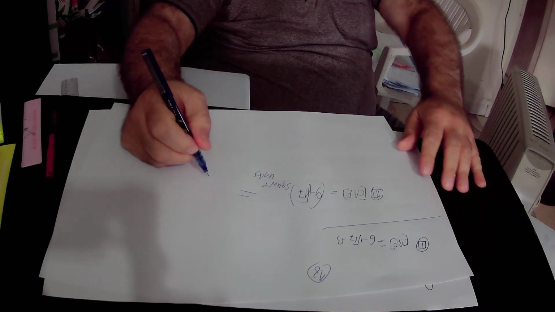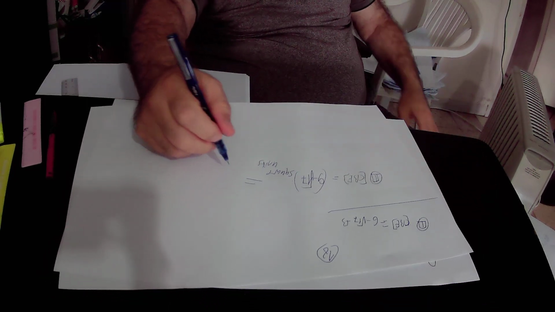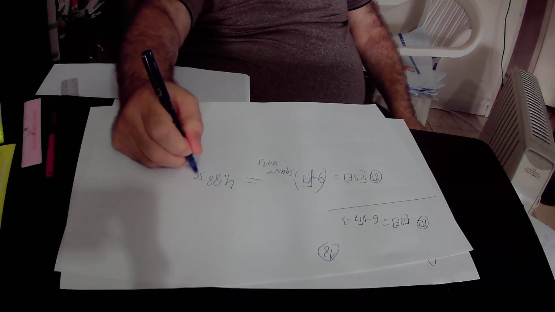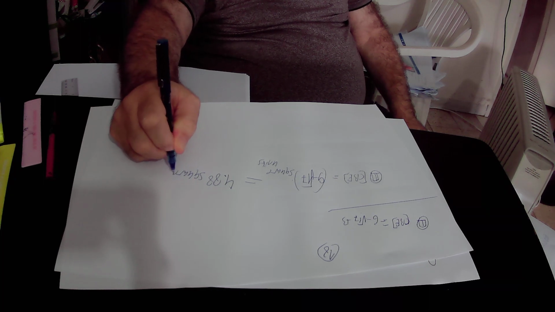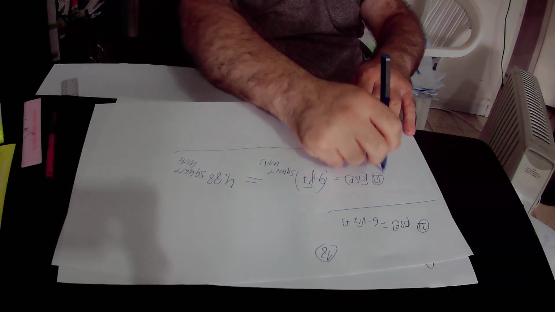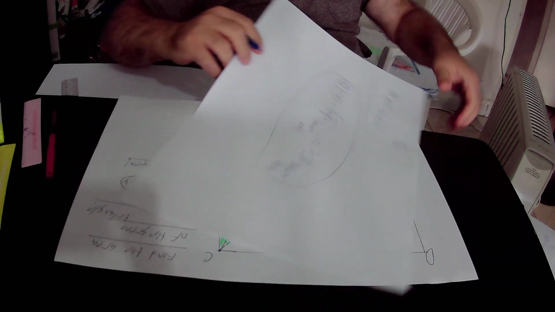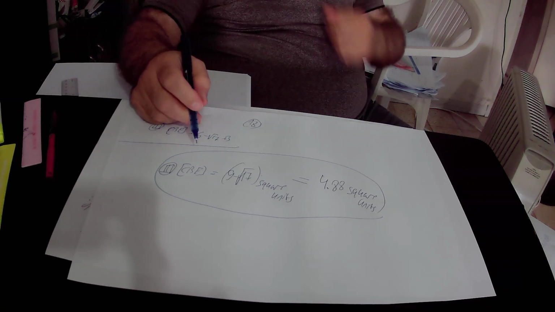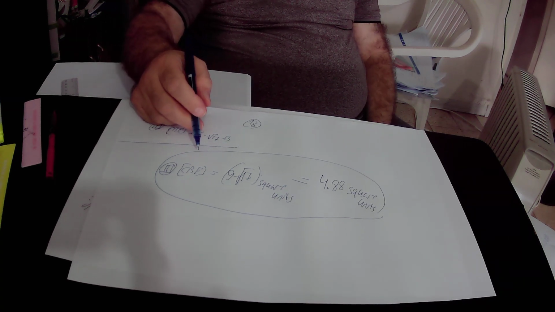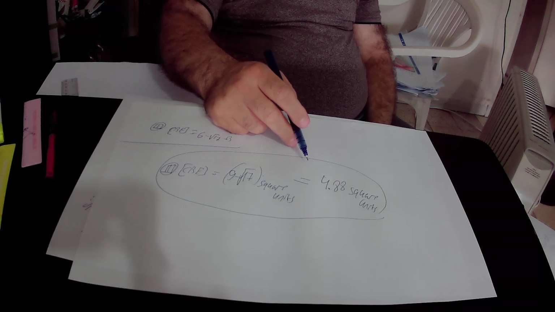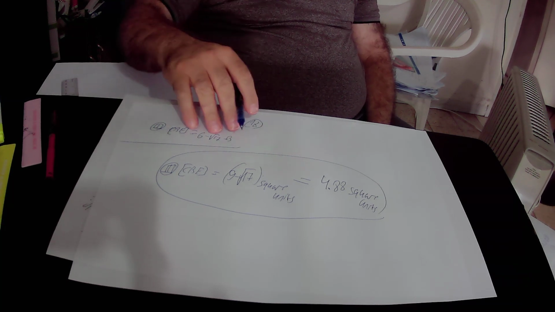Or in terms of numbers, the area of the green right triangle CBE equals 4.88 square units. I will repeat again, the area of the green right triangle CBE equals either 9 minus square root of 17 square units, or in terms of numbers, 4.88 square units.